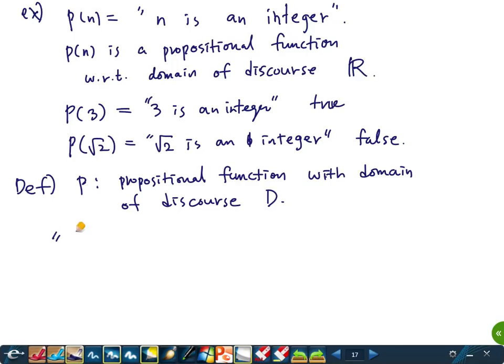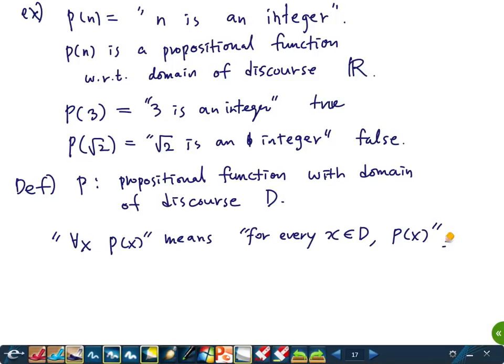This notation, for every x in the domain of discourse D, P of x, is a proposition, by the way. You can read this as for every x, P of x, or for all x, P of x.